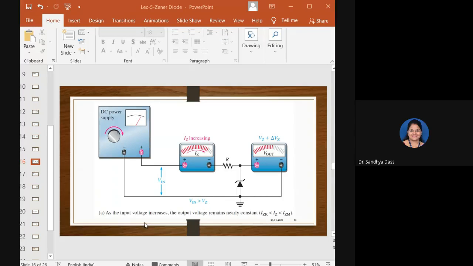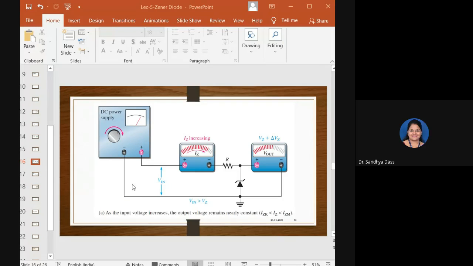As the input voltage increases, the output voltage remains constant. Observe here, the output voltage is measured across the Zener diode using this voltmeter. This is your DC supply, and this is the ammeter where you measure the current, which is generally connected in series.